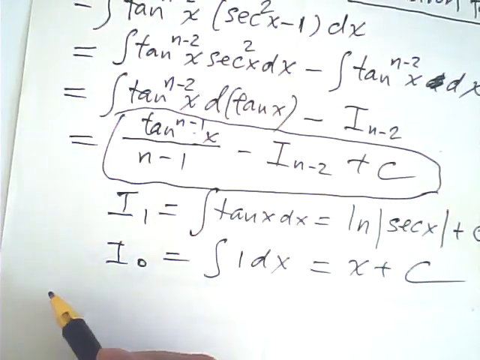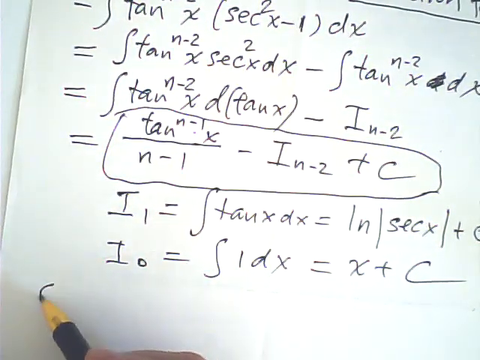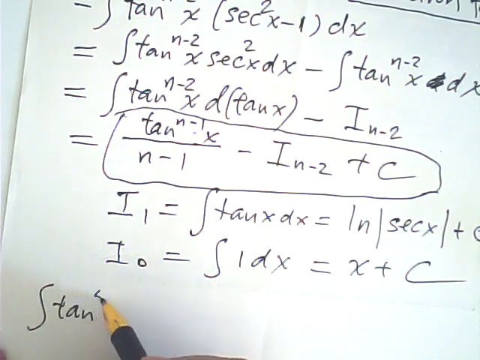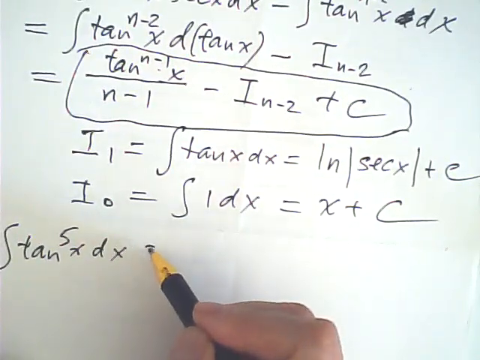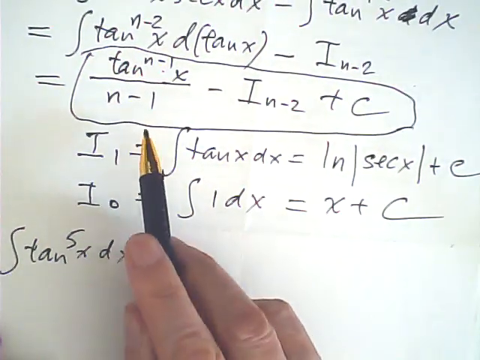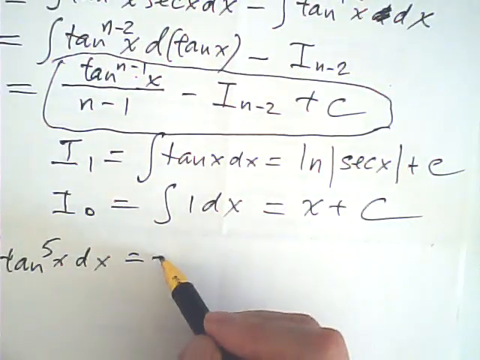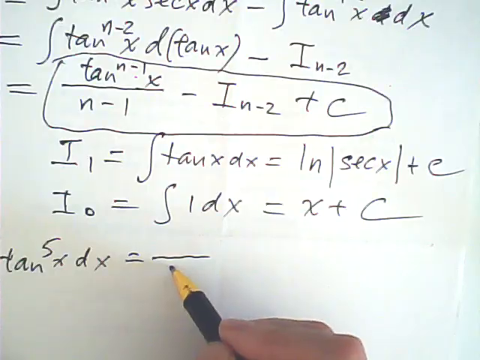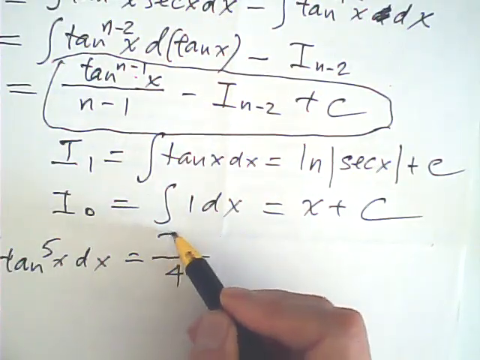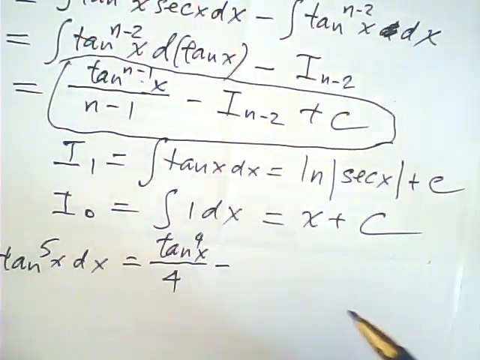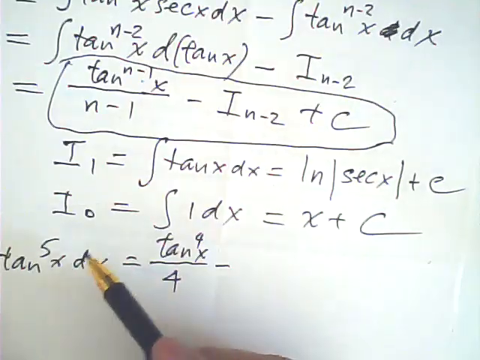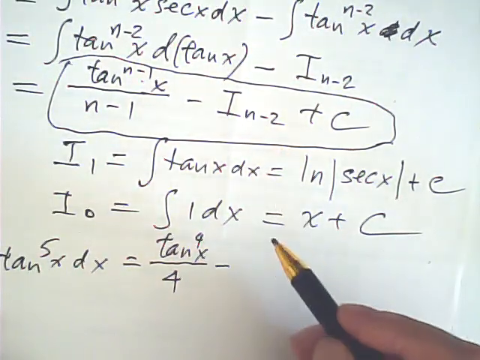Now, then I can do, say, for example, how about tangent fifth x dx? Then this one is equal to, according to the formula, 1 over 4 tangent fourth of x minus I3.